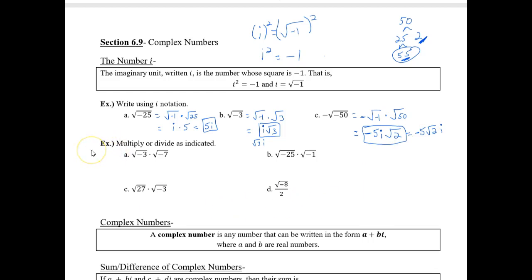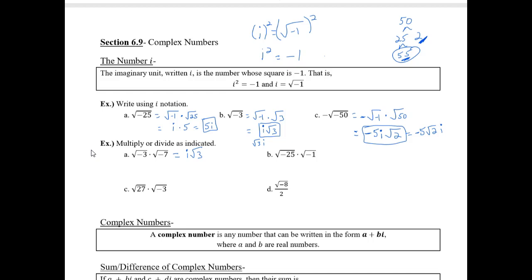Alright, now we're going to get into multiplying radicals with negatives, or dividing them. So before you can multiply these, because the square root of -3 is not a real number, and the square root of -7 is not a real number, we have to take out the i's first. You have to rewrite this with the i notation. So I'm going to rewrite it as i square root of 3, right?